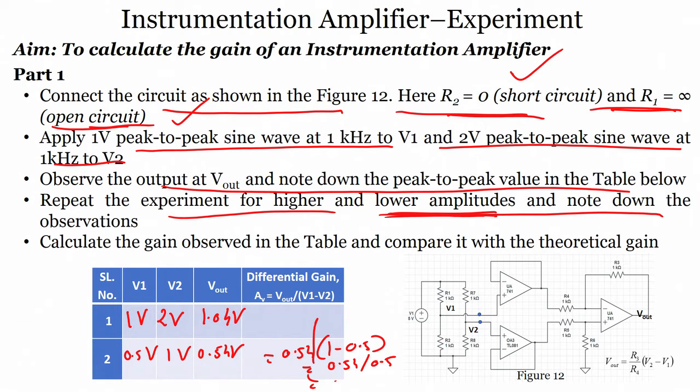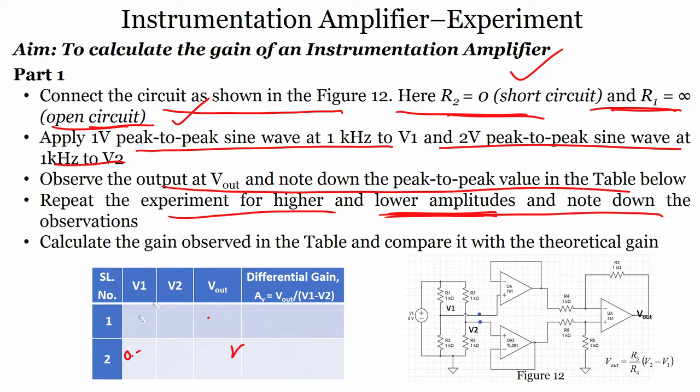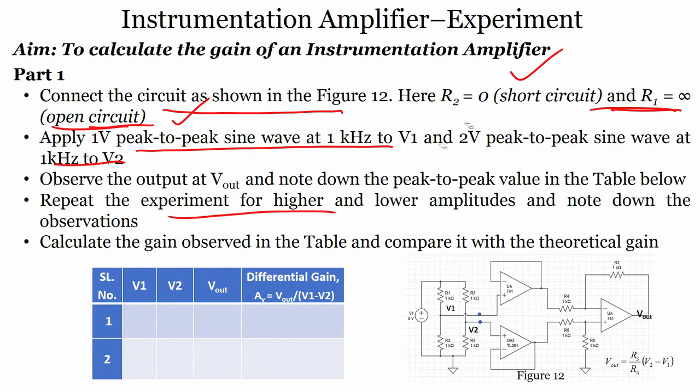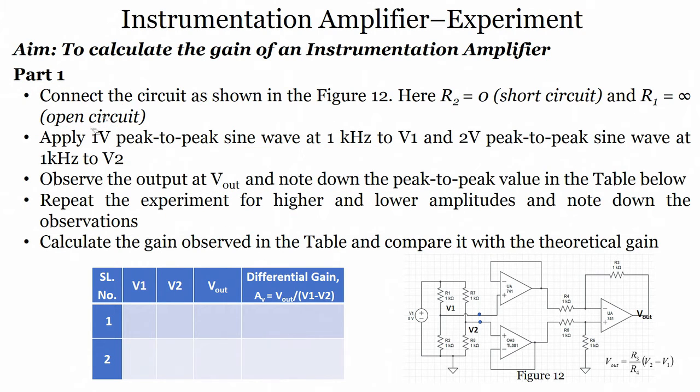This is close to 1. So, this is how you can measure the gain of the instrumentation amplifier. Very important experiment, very important circuit. You have to understand the instrumentation amplifier because it is used in a large number of circuits, alright.